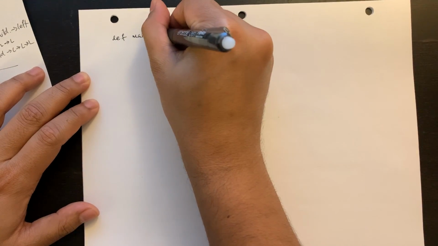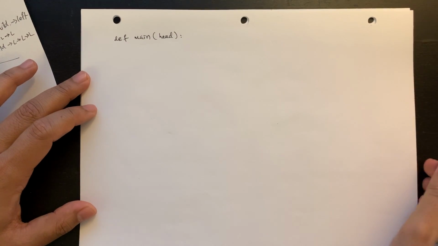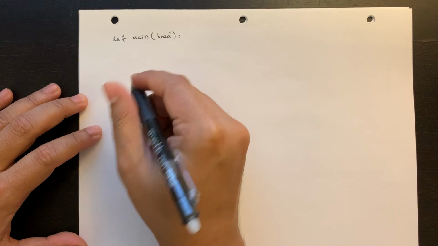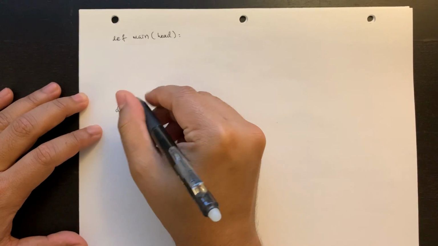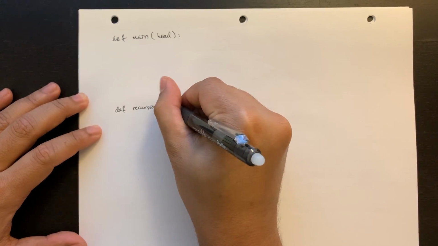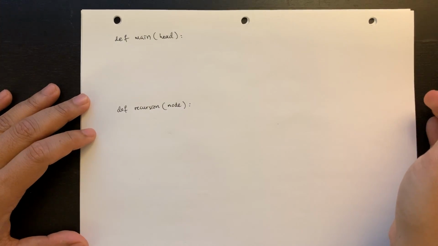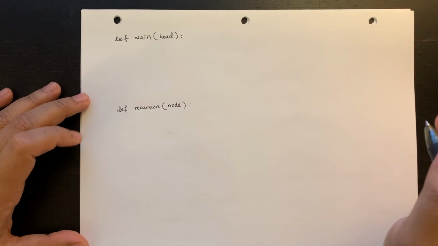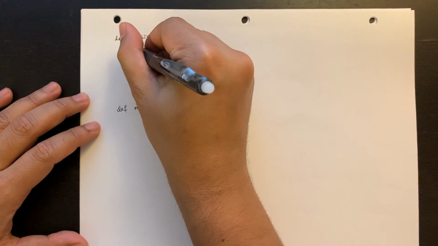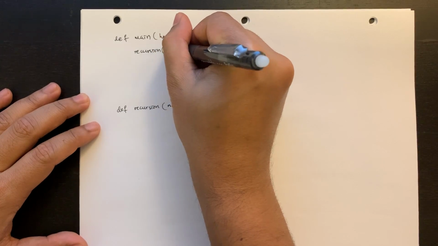And let's say we have head right here. And let's define some recursion. So define recursion, say nodes. So the idea is we want to call recursion and pass in head.